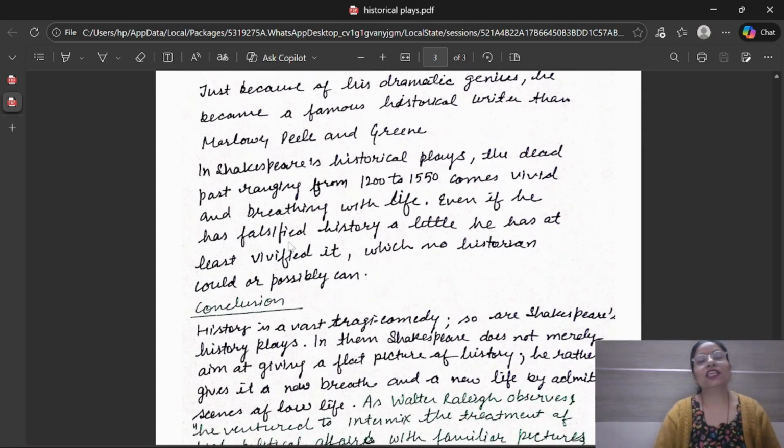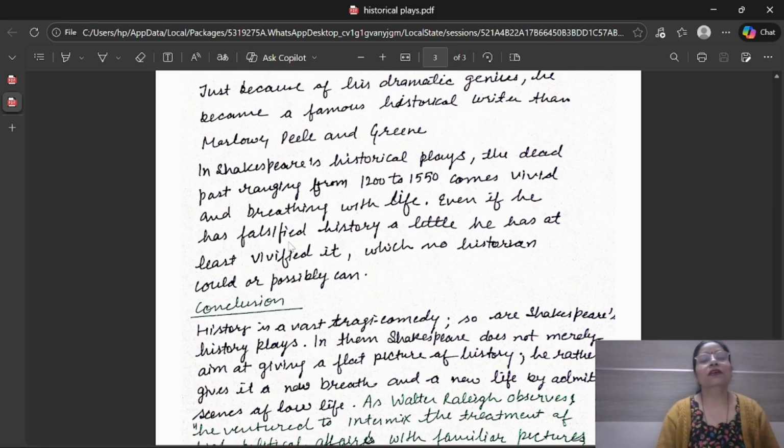In Shakespeare's historical plays, the dead past, ranging from 1200 to 1550, comes vivid and breathing with life. You already know the period from 1200 to 1550 was very drab, dull, dry, and dreadful.